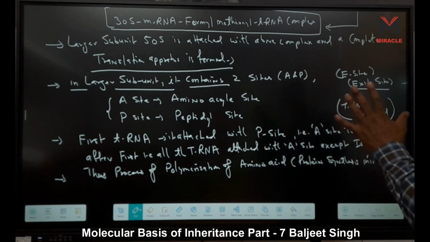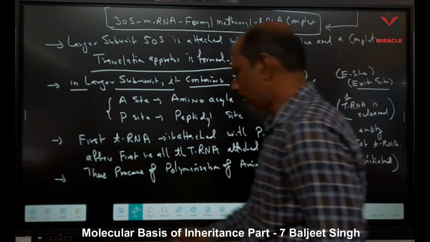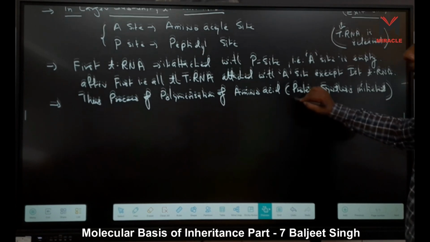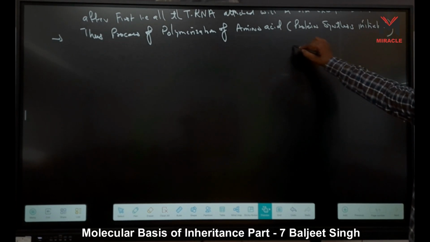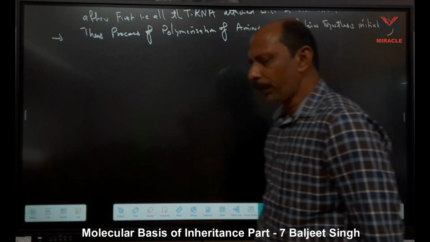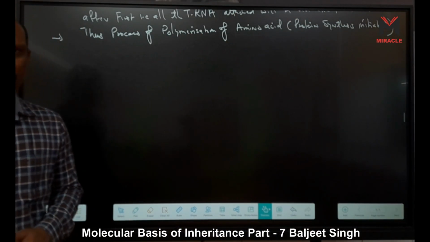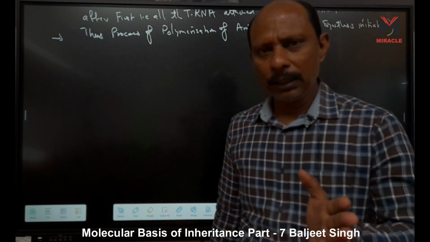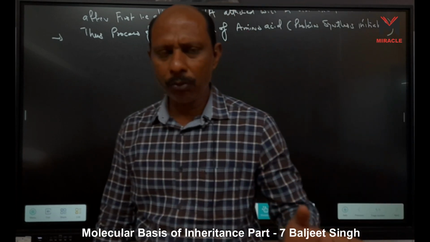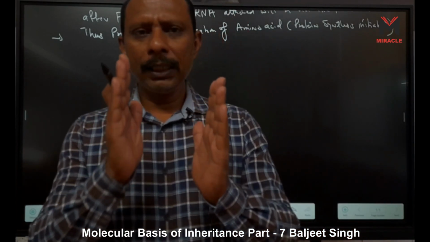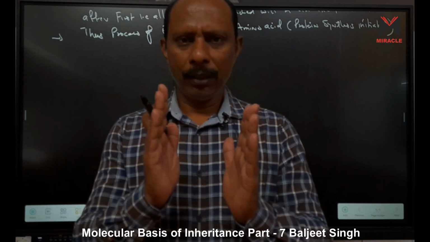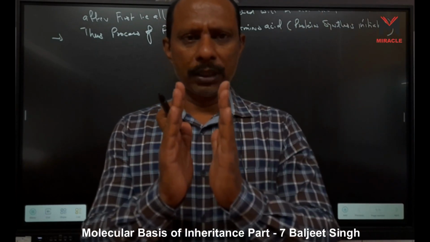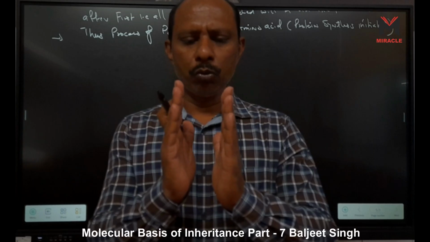Okay, after initiation, the second process is elongation. Elongation means now one by one transfer RNAs come to the A site, then transfer to the P site, and from the P site they exit. When they come to the A site, one transfer RNA is already present at the P site with its amino acid. When the two come close to each other, a peptide bond is formed between these two amino acids.